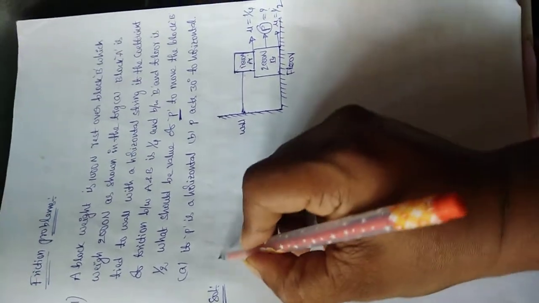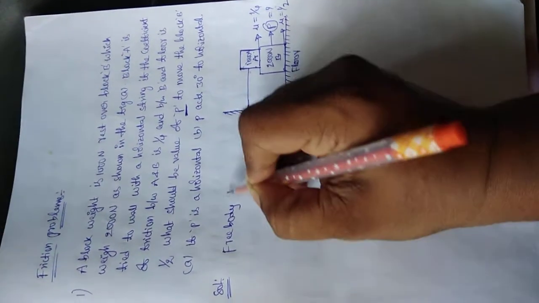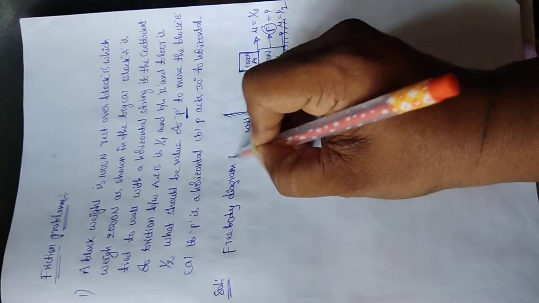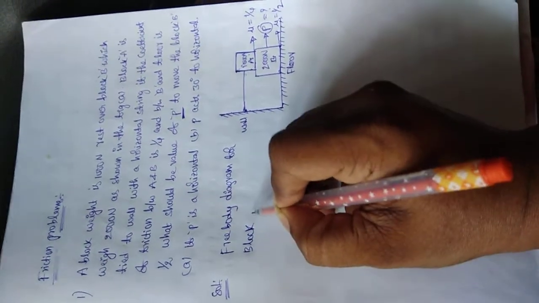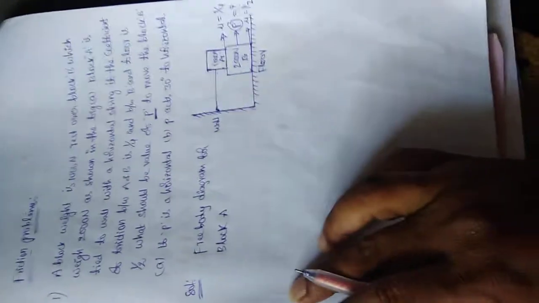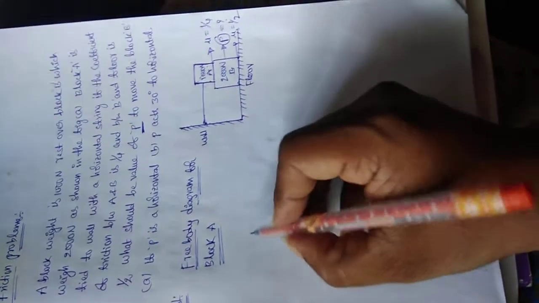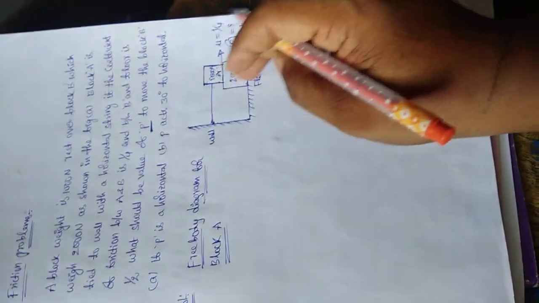First I am drawing the free body diagram for block A. For block A, it should be isolated from both the blocks.